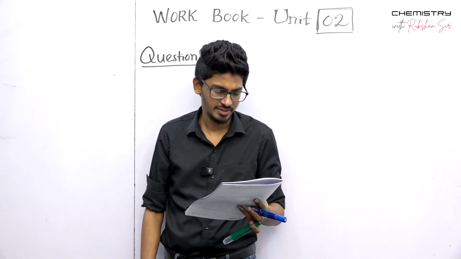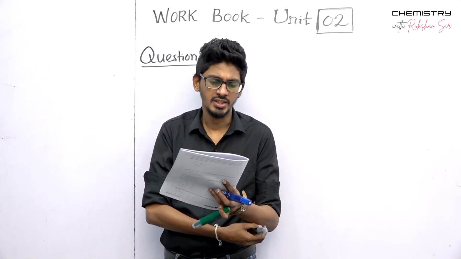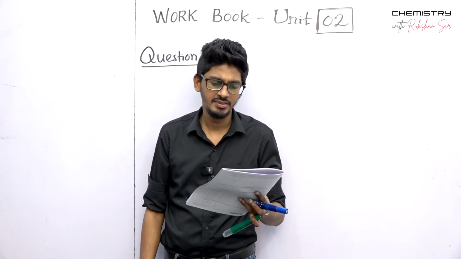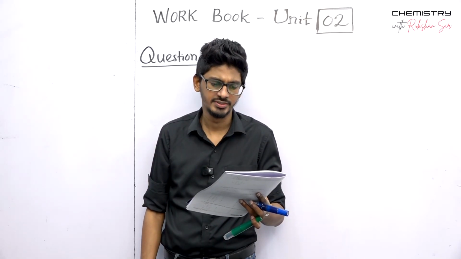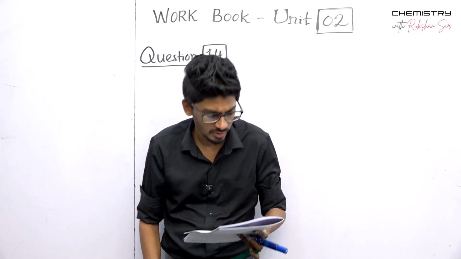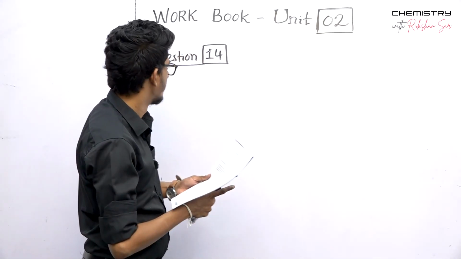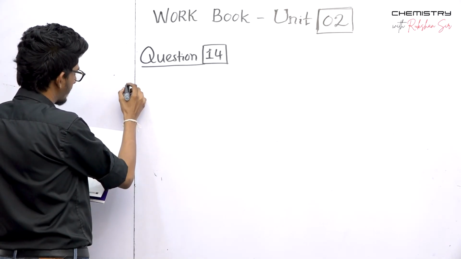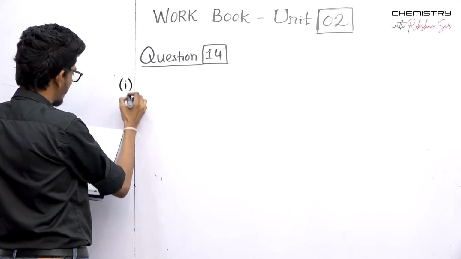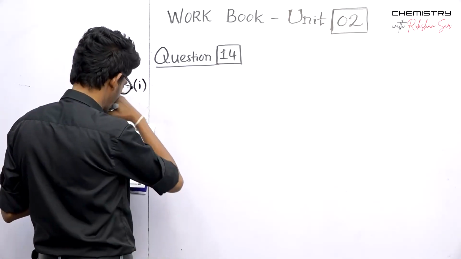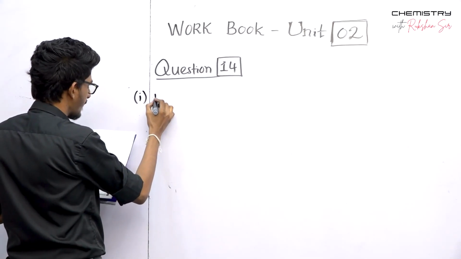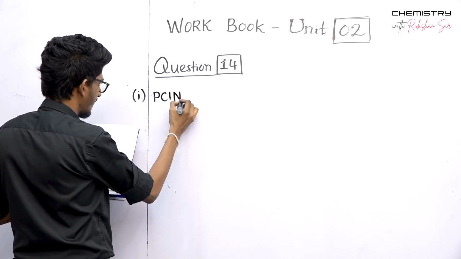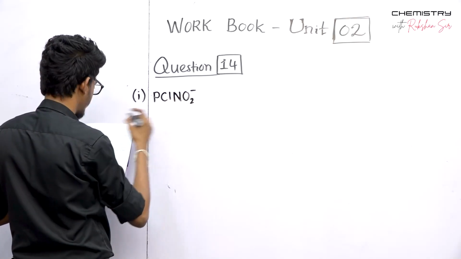See what it says. Draw the most acceptable Lewis dot dash structure for the PClNO2 minus ion. Its skeleton is given below. Right. So, number 1 is to draw the most acceptable Lewis structure of PClNO2 minus.